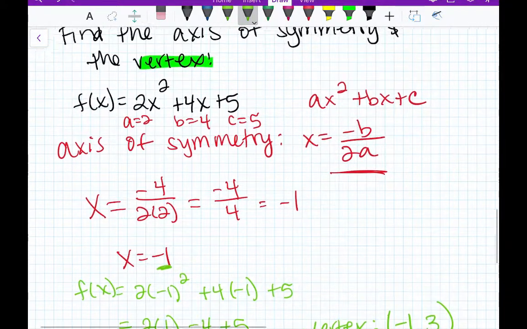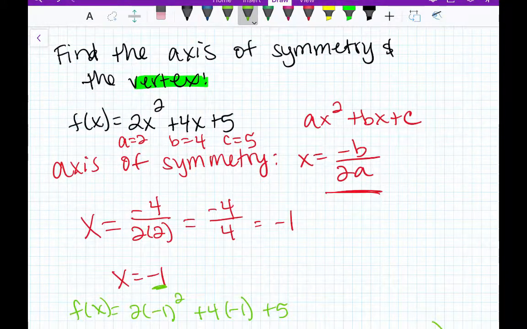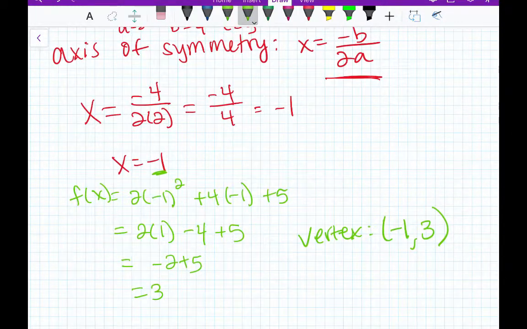So you can use the axis of symmetry to find the vertex and vice versa. If you know the vertex, if I know this is the vertex, then I automatically know that my axis of symmetry is x equals -1.